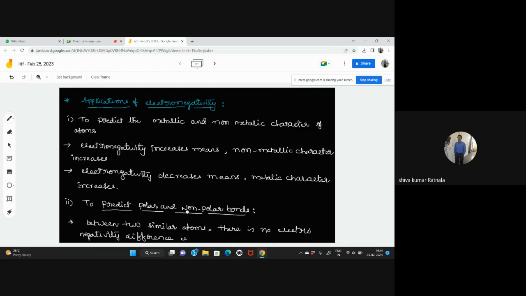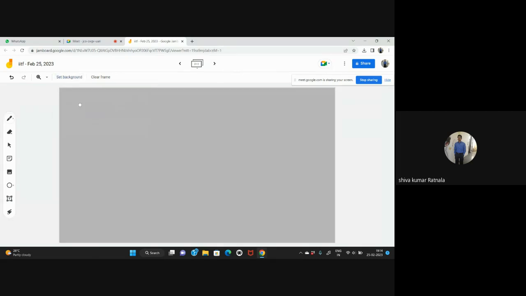Then it is said to be a non-polar covalent bond. Example: H2, F2, Cl2, O2. These are all non-polar molecules.